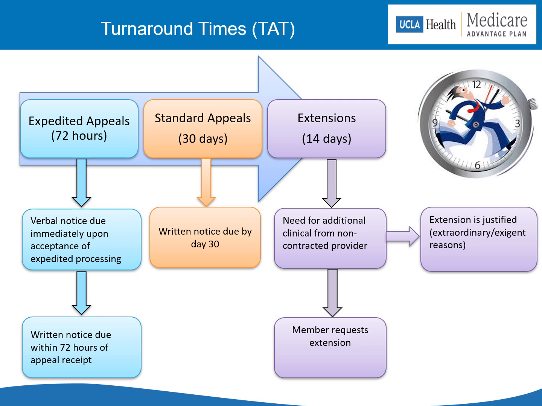Our last type of extension is because the member requests that we do an extension. Perhaps we haven't gotten records and the member can get them for us, or they're trying to get them for us. So one thing that's important about extensions is they have to be in the best interest of the member. Otherwise, we're held to the 72-hour or 30-day calendar turnaround time or due date. So you see my little man racing against the clock to be compliant and meet our due dates.